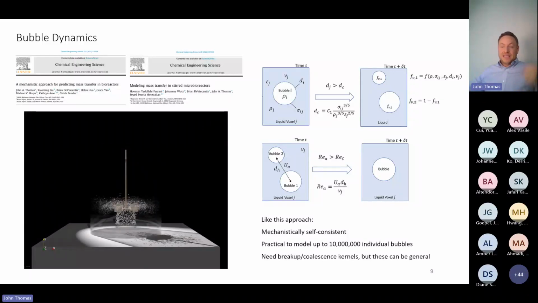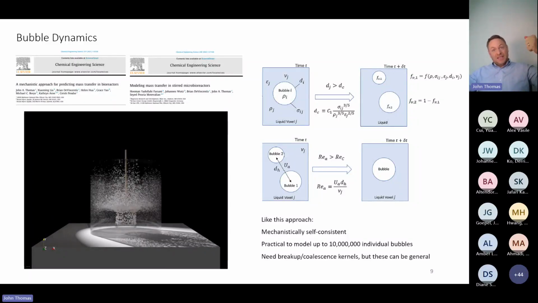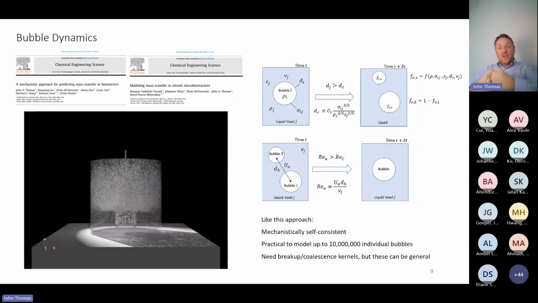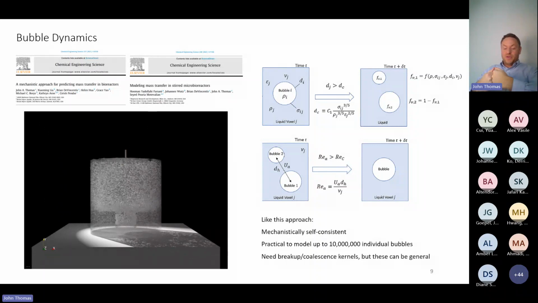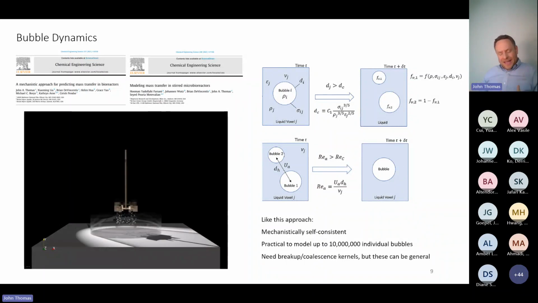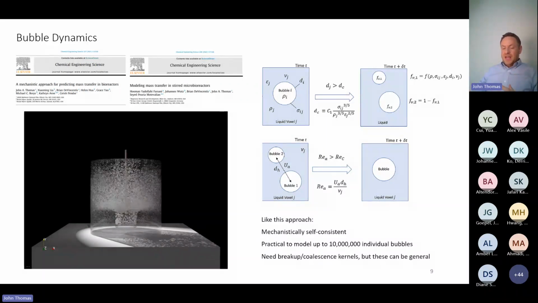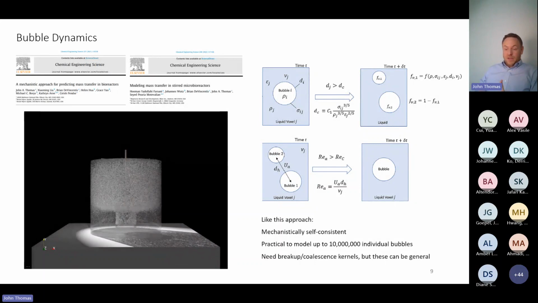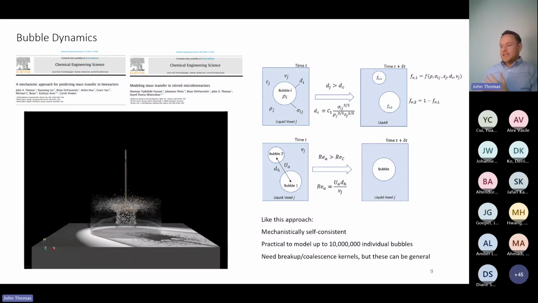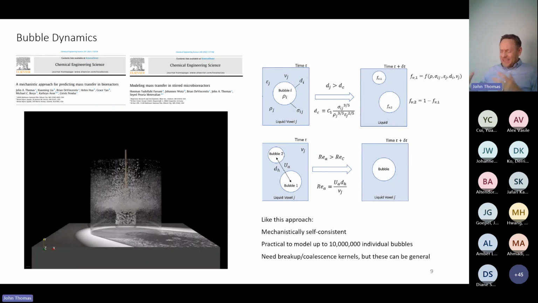We can define coalescence as when two explicitly tracked bubbles hit each other, and if they have an approach Reynolds number that exceeds some critical value, they coalesce. The advantage of going down to these more foundational transport physics models is that we can have simpler carrier level physics that are agnostic to scale, agnostic to number, and can be applied universally across these different operating conditions. And that's the point.